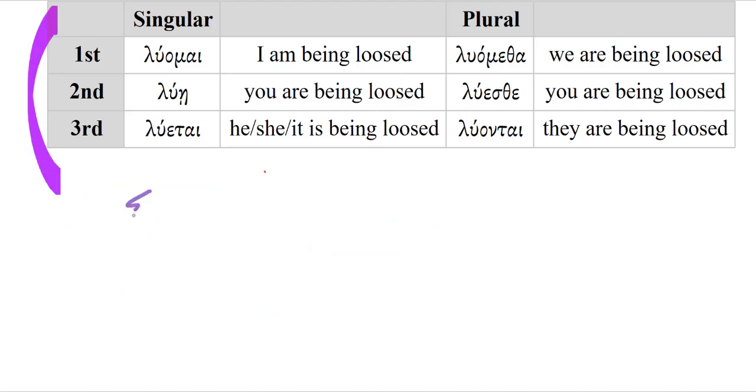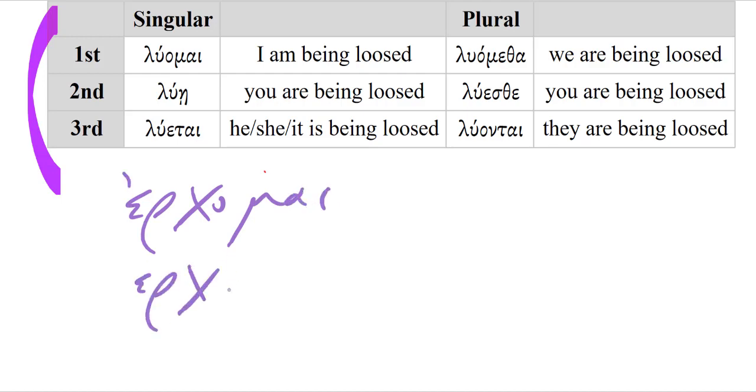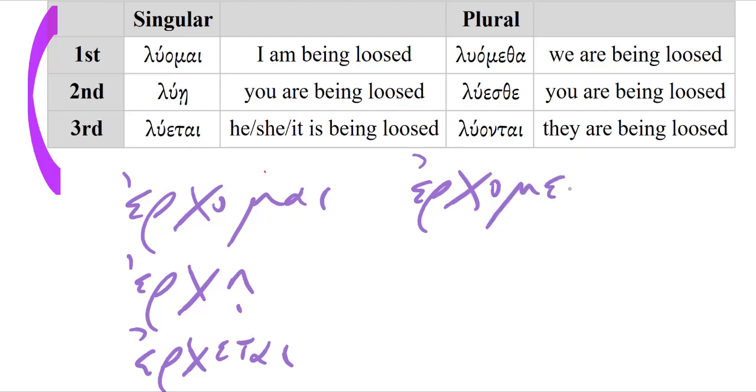So if we take the verb erkomai, we'll just write it out. Erkomai, erkE, erketai, erkometha, erkesthe, erkontai. I should really work on my handwriting, shouldn't I?